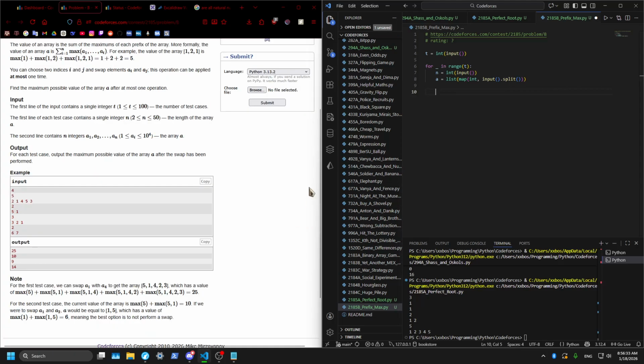We find the largest number. Oh, we can do that with sort reversed. And then we swap it with the first number. Okay, and then what do we output? Maximum possible value.